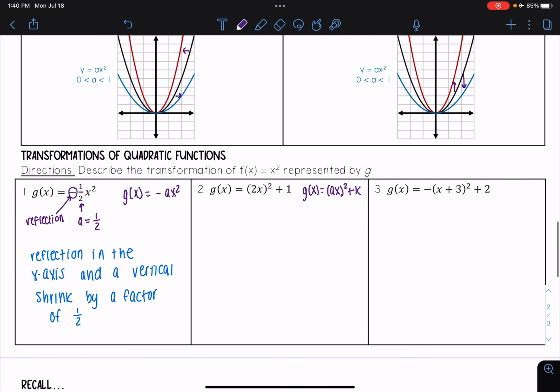And so since I see a 2 right here, this means that a is equal to 1/2. Or what you're stretching or shrinking by is 1/2. And then with that +1, I see that's my k value.